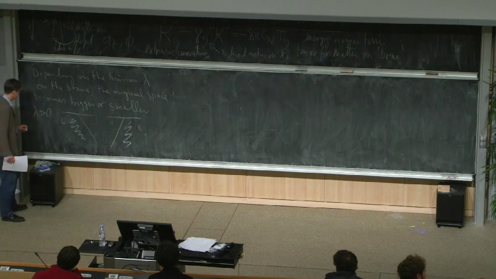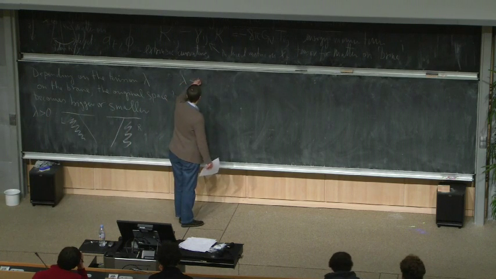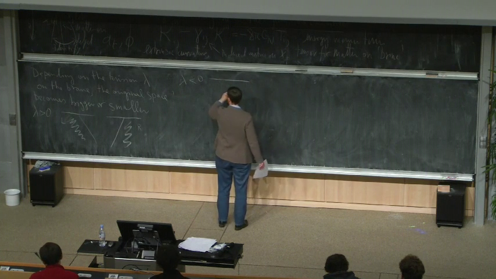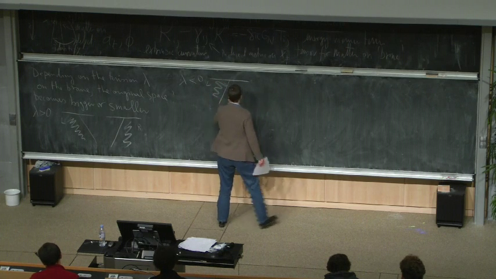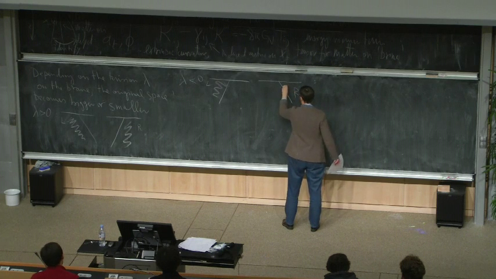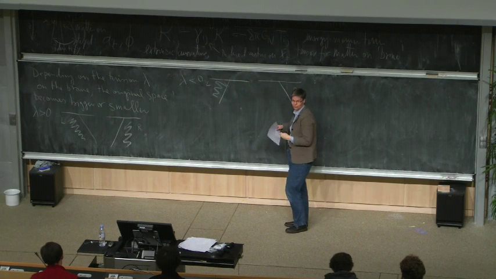Conversely, if lambda is less than 0, so you have a negative tension, it's the other way around and your space becomes smaller. So on the left-hand side you cut like this, and on the right-hand side you cut like that. Now if you glue the two halves together, this will be smaller than what you had before, when the tension was 0.